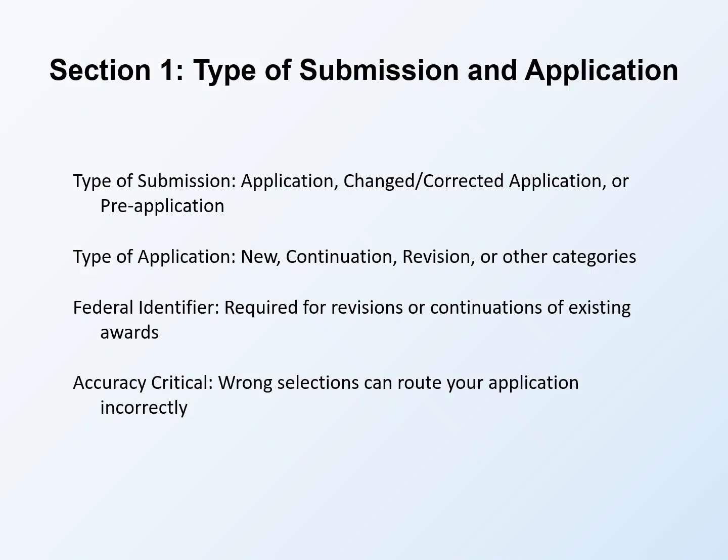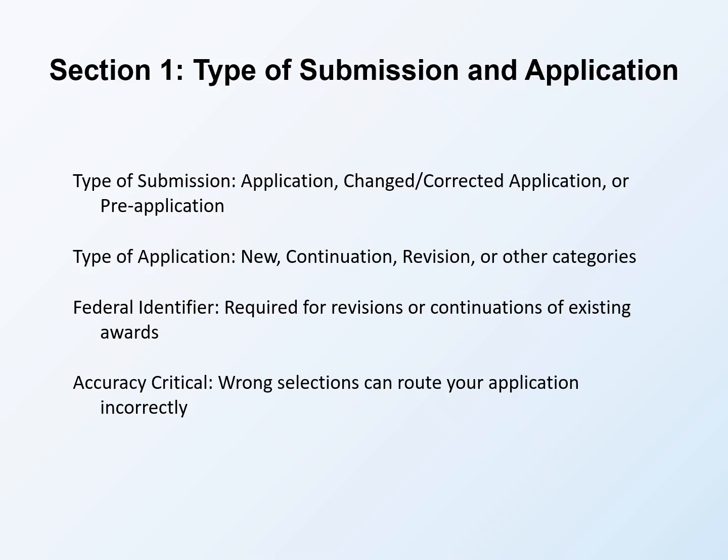Type of application indicates whether this is a new application for a project not previously funded, a continuation of an existing award, a revision to modify an active award, or other categories specified by the program. New is most common for initial applications. Continuation and revision apply to existing funded projects.